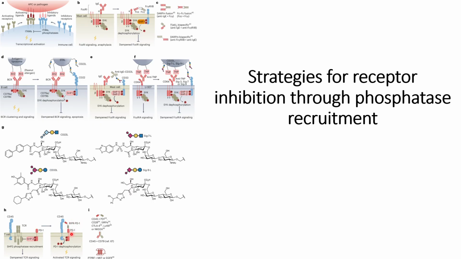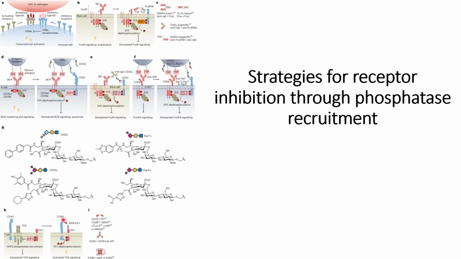Now this PD1 is not activated and the CD45 receptor gets activated. In this example, it shows how these PD1 receptors can be prevented from activation using this ligand, RIPR PD1.